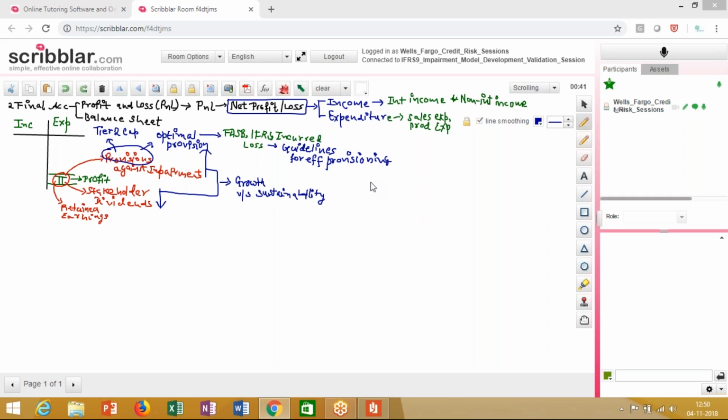So we need to understand how this provisioning should be done. One very important thing is that provisioning is a P&L treatment. It's a profit and loss item.